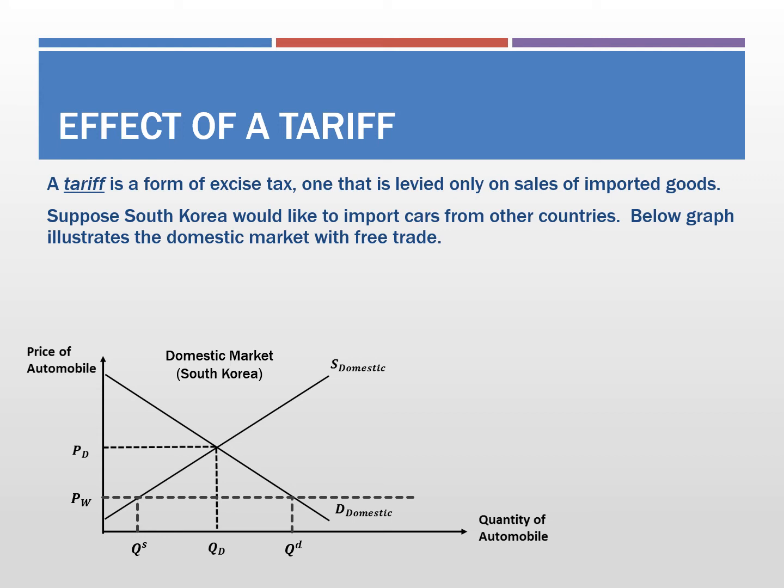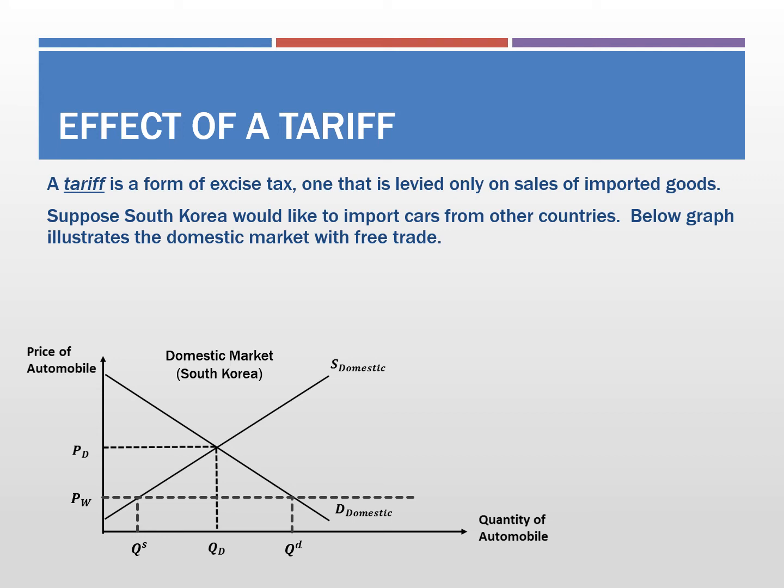Let's suppose we have the domestic market for automobiles in South Korea presented in the graph here. We know the domestic equilibrium price for cars, and we know South Korea has an open economy, and the world price for cars in this situation is much lower than the domestic equilibrium price.